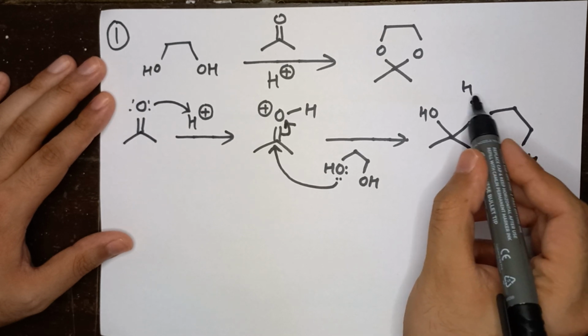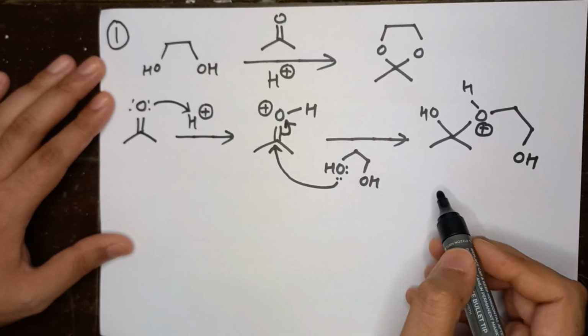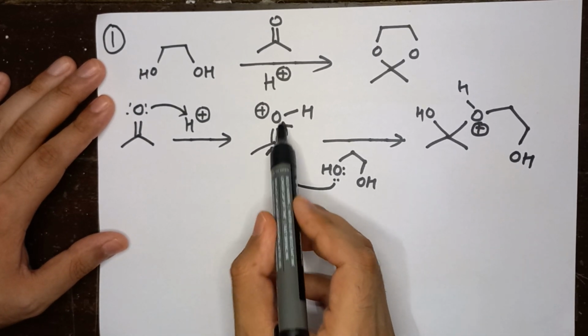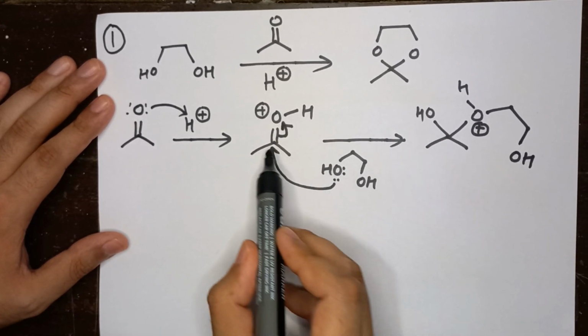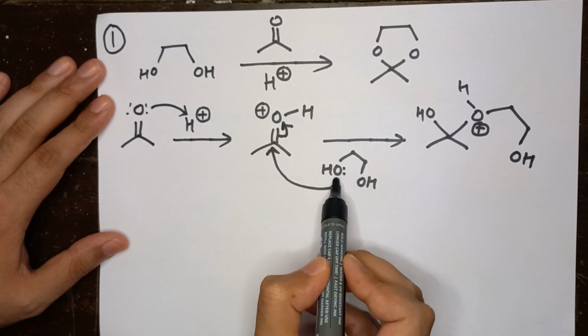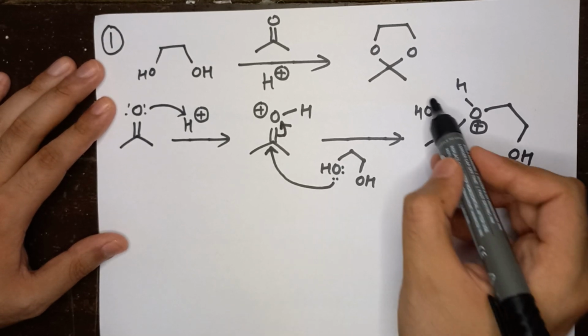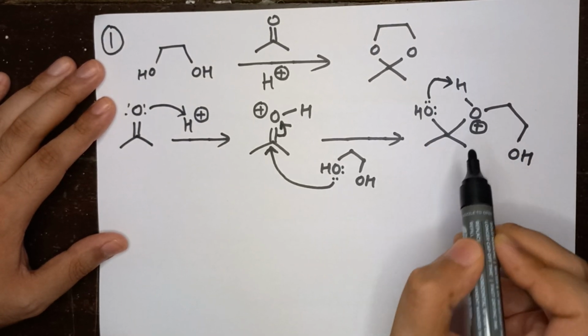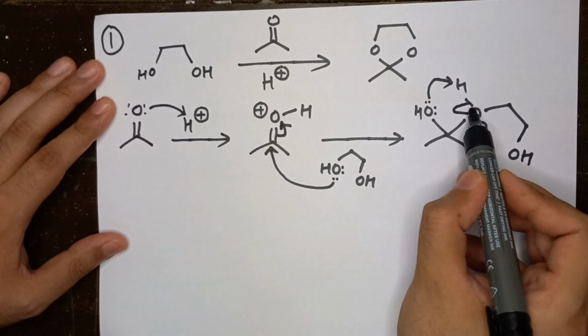Now this oxygen has 3 bonds, so it will get a positive charge. Basically we converted this double bond into a single bond, and we connected this carbon with the diol through this oxygen. Now in the next step, an intramolecular hydrogen transfer will take place.